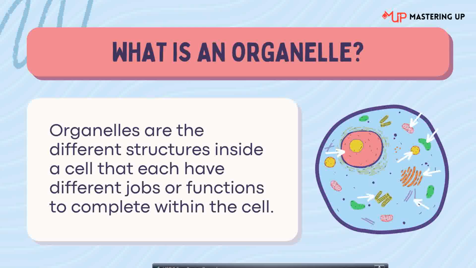These different structures come together and complete a cell. So what is the definition of an organelle? Organelles are the different structures inside a cell that each have different jobs or functions to complete within the cell. So organelles together complete a cell.